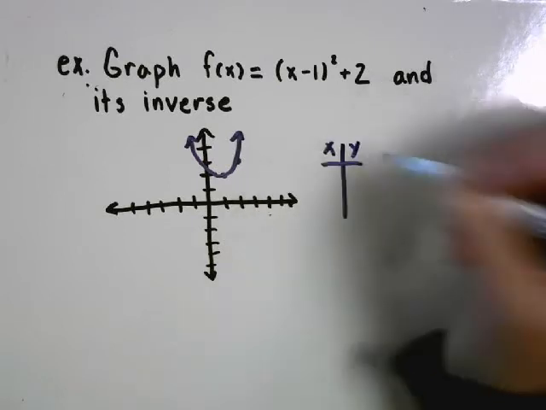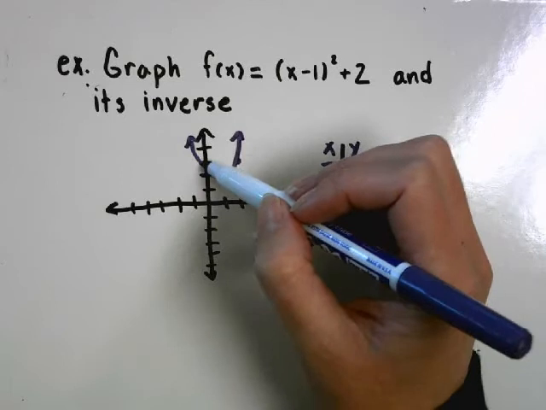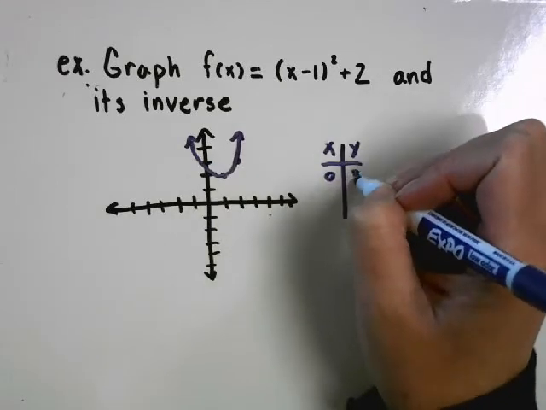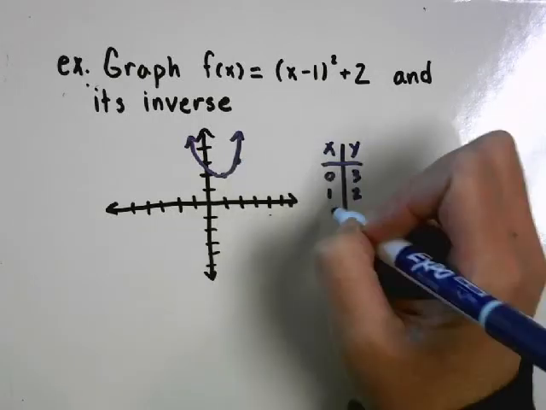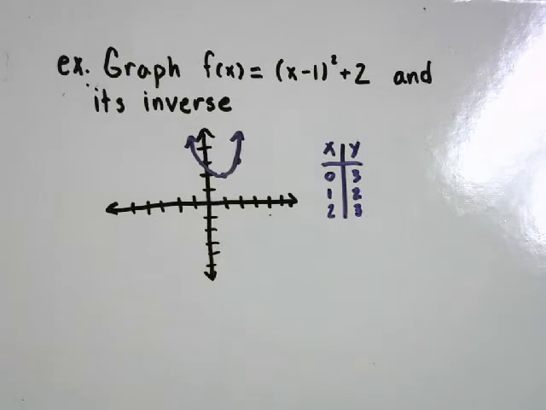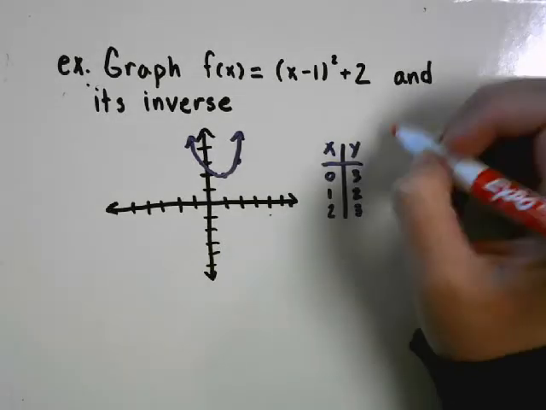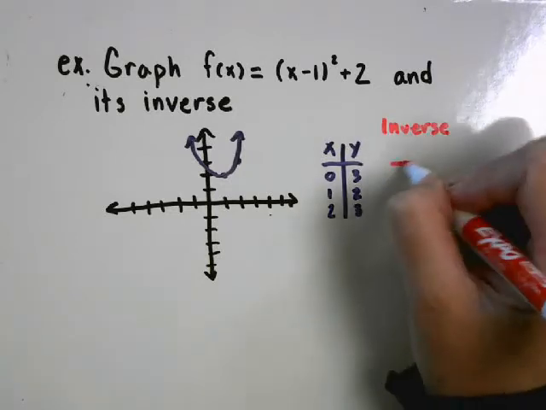What I can do is switch the x and y coordinates. So those three coordinates that I plotted, we were at 0, 3. This point was at 1, 2. And then we were at the point 2, 3. So for the inverse, I'm going to switch that.